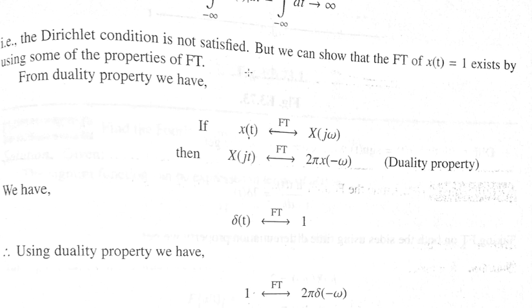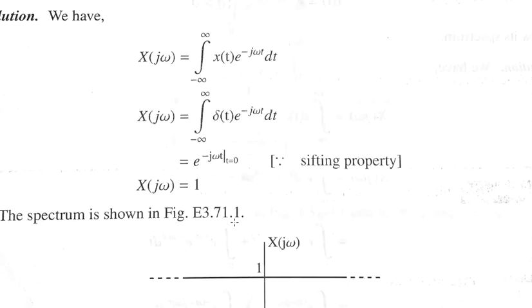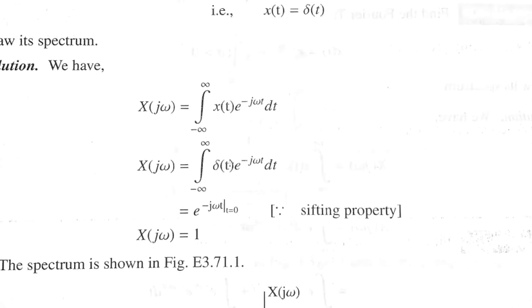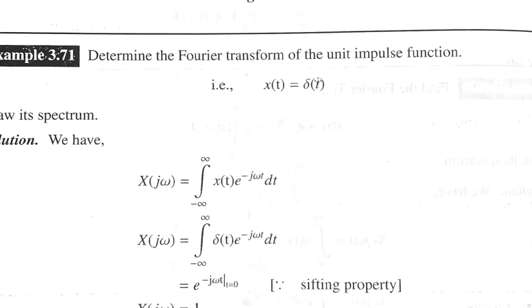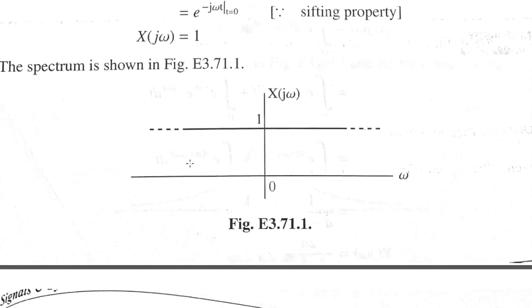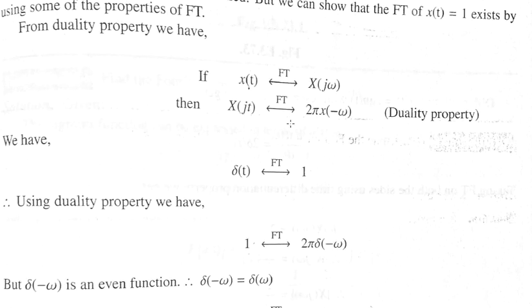As for delta of t, we have found its Fourier transform in the last video. The Fourier transform of delta of t is 1. So we make use of that. We write the Fourier transform on the right side and the time domain signal on the left side. Now let's exchange by using the duality property: we write this 1 here and 2 pi as it is.